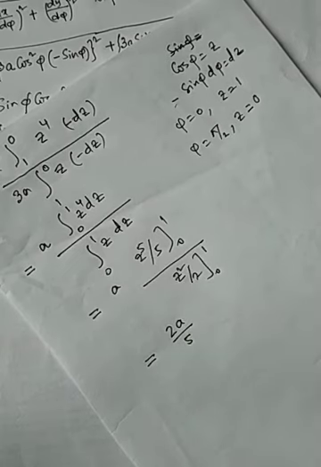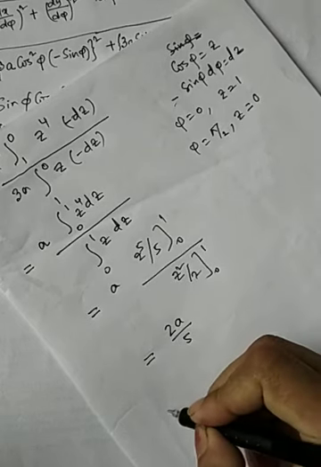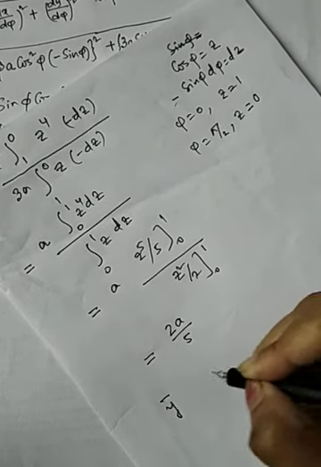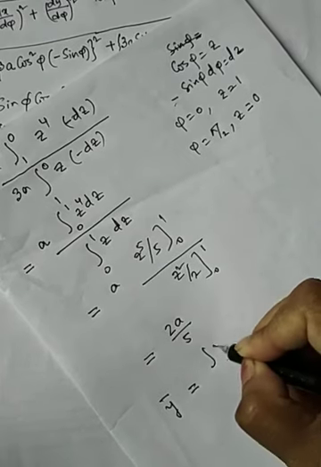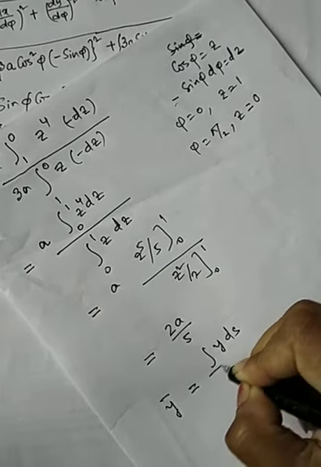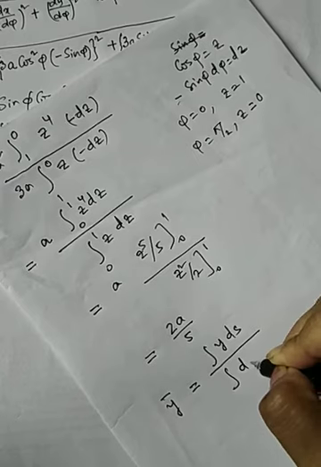Okay. Now let us find the y bar. Y bar is integration y ds divided by integration ds.